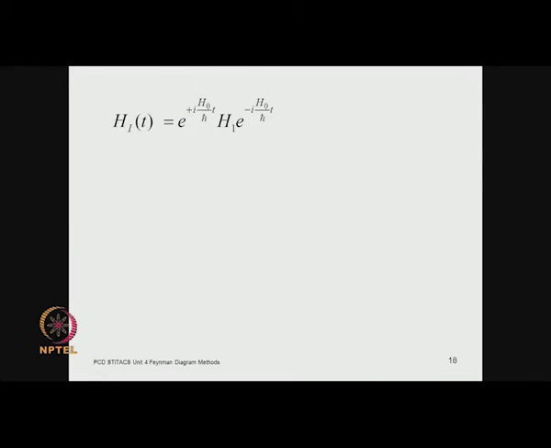Okay, so, this is the interaction picture Hamiltonian. This is a transformation of the difficult, the trouble part, but it is effected through the simple, nice part.